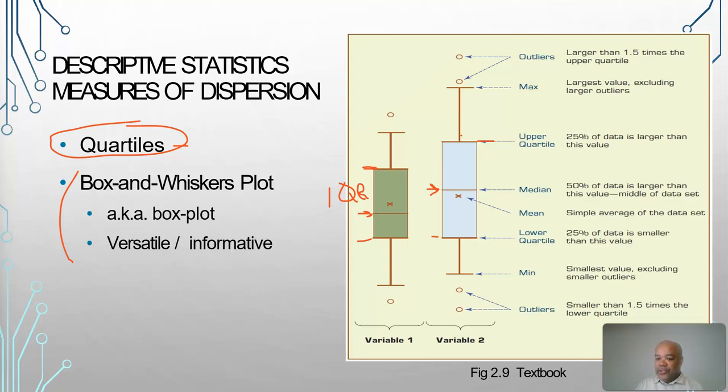The whiskers extend to the smallest and largest values within 1.5 times the IQR. So we take the IQR value and multiply it by 1.5, and the whiskers extend to the smallest and largest values within that range. That's where the max comes in over here, and then we do the converse on this side.